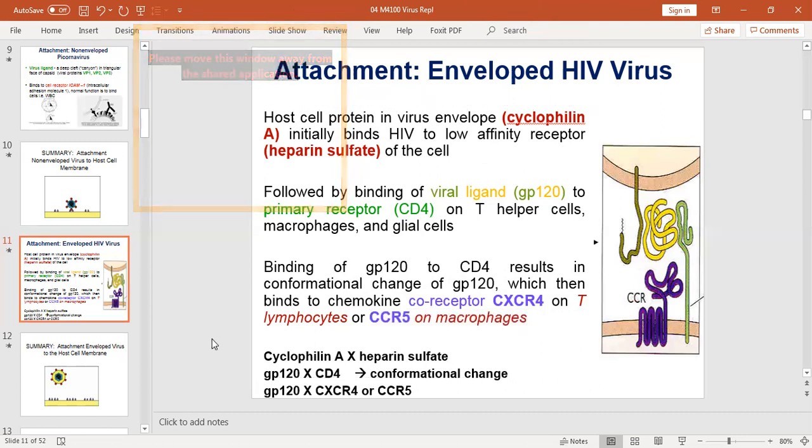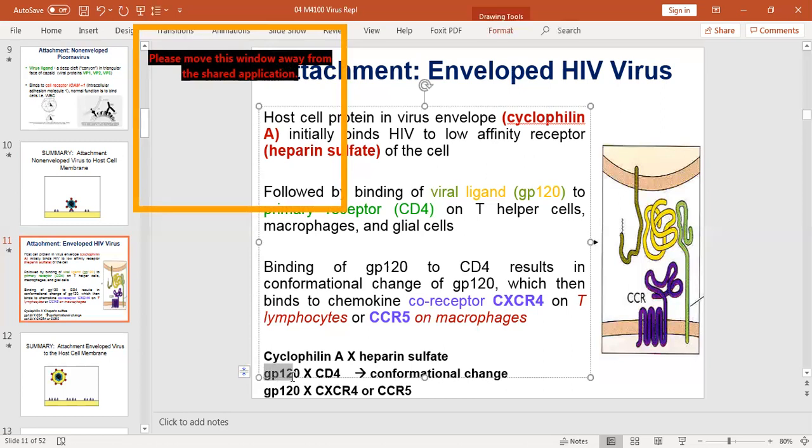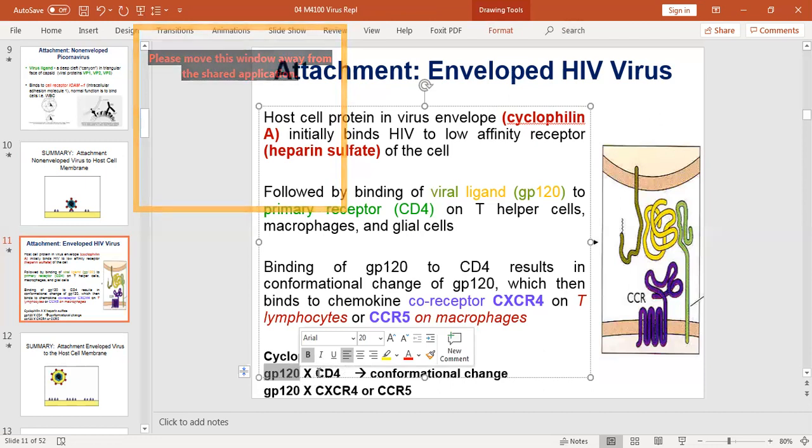So the steps are cyclophilin A binds to heparin sulfate, low affinity receptor. Heparin sulfate is a low affinity receptor expressed on the surface of host cells. Upon this binding, there would be the binding of viral ligand GP120 to a primary receptor called CD4 that is expressed on T helper cells, macrophages, and glial cells.